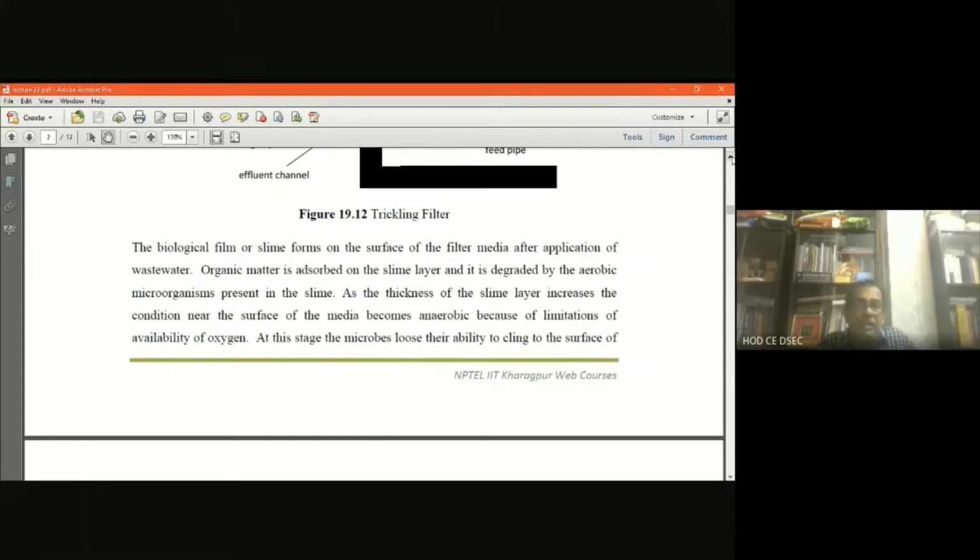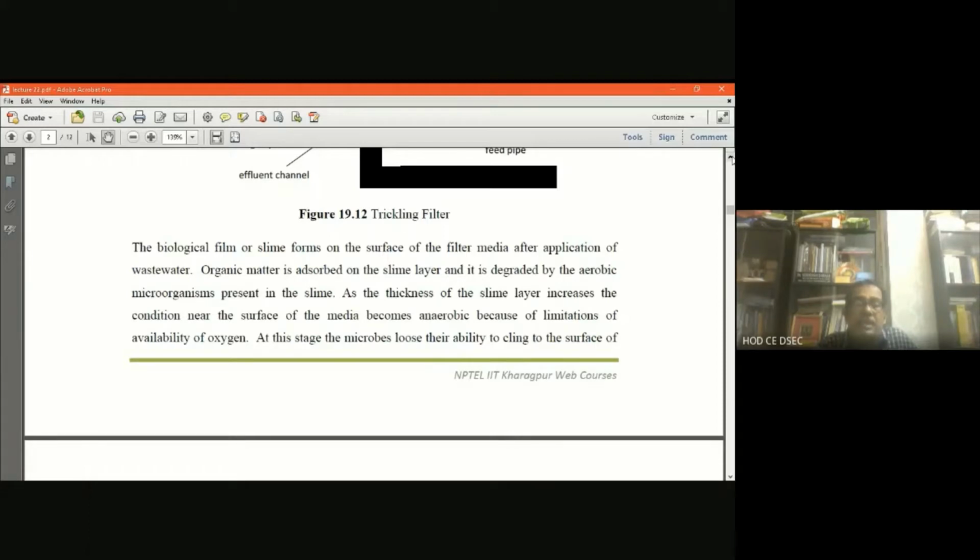What is slime? When the bacteria form a layer with the attachment surface, it is called the biofilm. So thickness of the biofilm actually means the thickness of the growth of the bacteria on the attachment surface, and it is technically denoted as the slime.